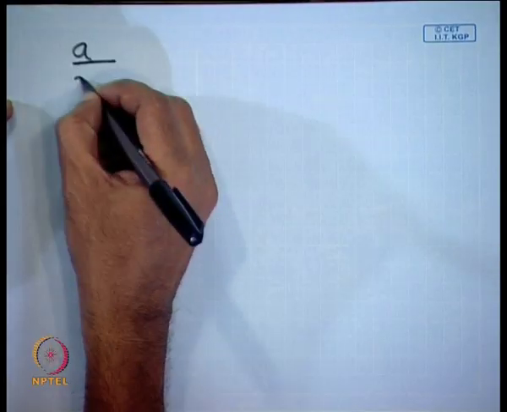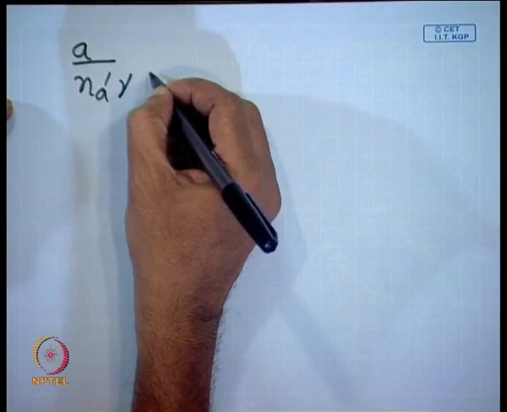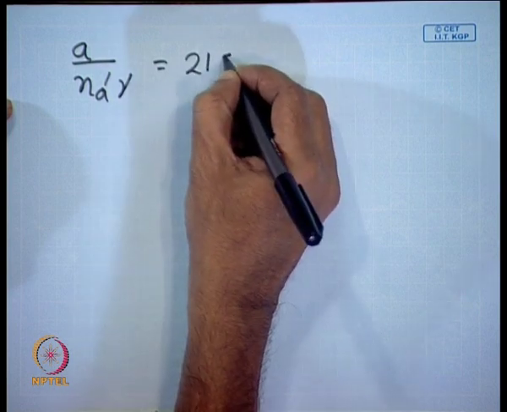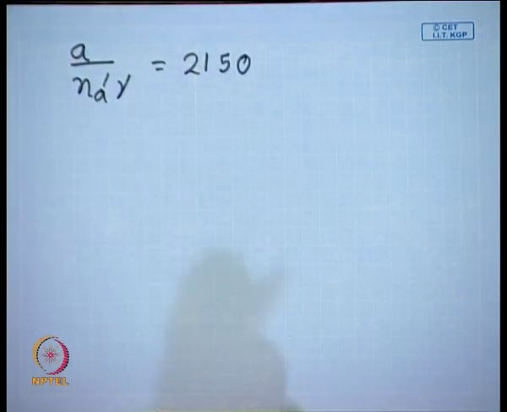Now, based on some experimental data, A by N_A dashed is taken as a constant.